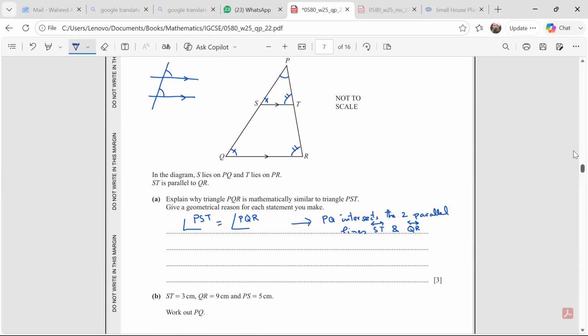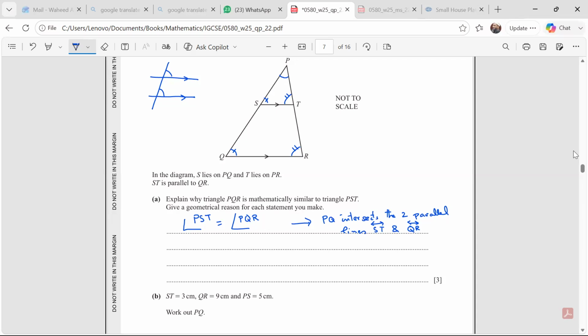Okay, now this part B is easy. ST is 3 centimeter, QR is 9 centimeter. Find PQ. You see, when triangles are similar, the ratio between the sides is equal, so the ratio of all three sides is the same. What does it mean? Let me explain.